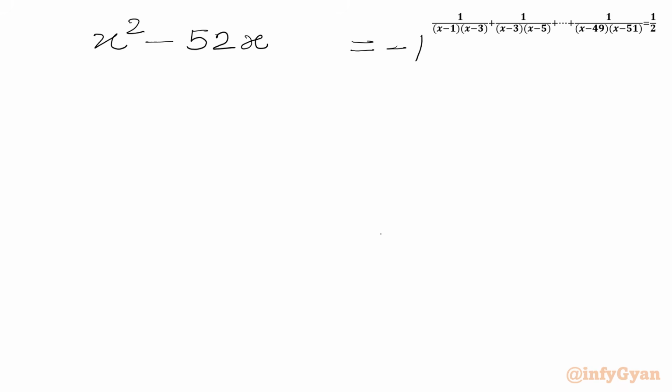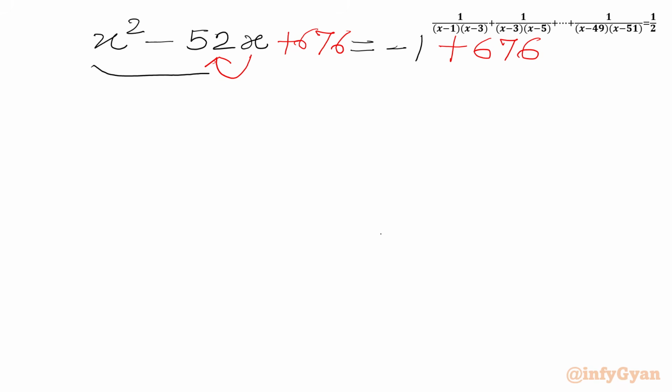So let's write here x square minus 52x equal to minus 1. Now we have coefficient of x as minus 52. Half of minus 52 is minus 26. Square of minus 26 is plus 676. So we are going to add 676 to both sides.